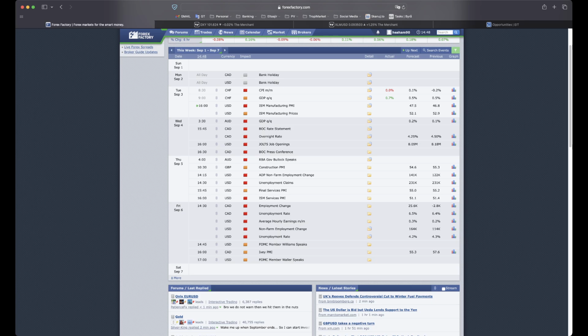So this week we have a lot of news on USD and CAD. That means we will see a lot of movement, liquidation and manipulation, on any pairs where USD or CAD is part of.